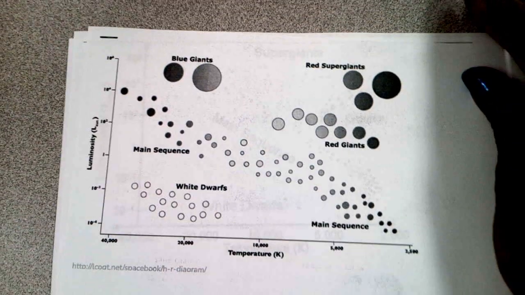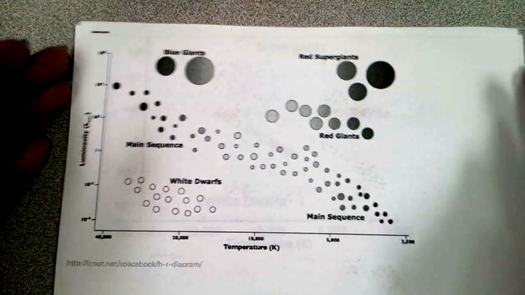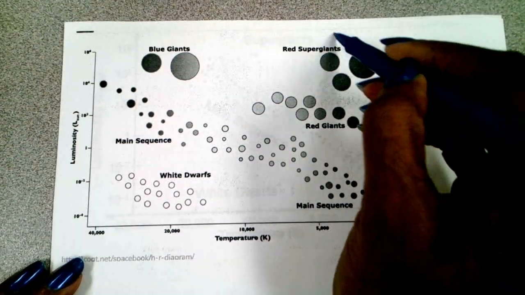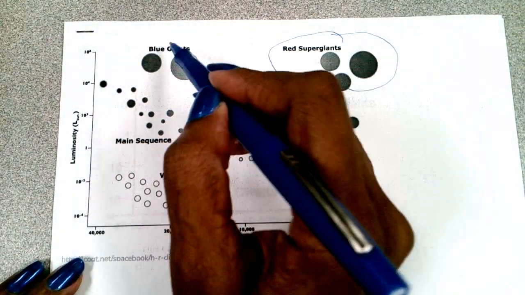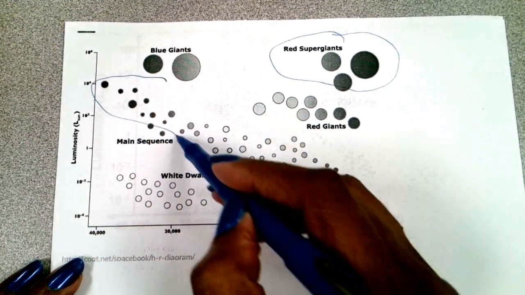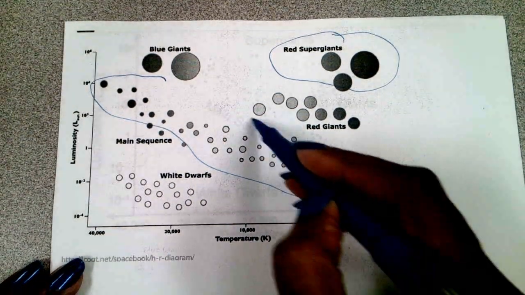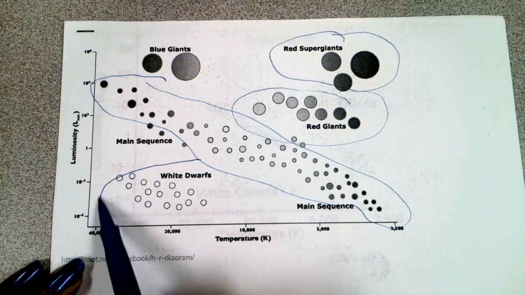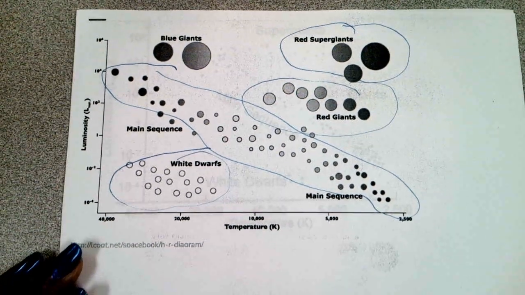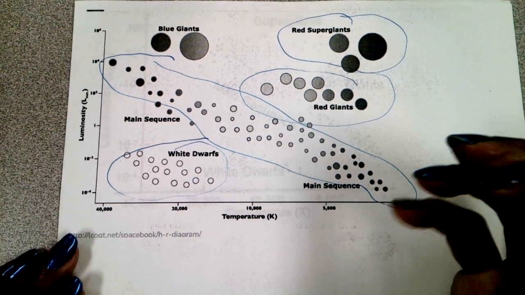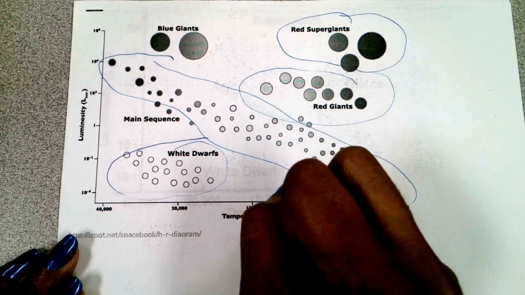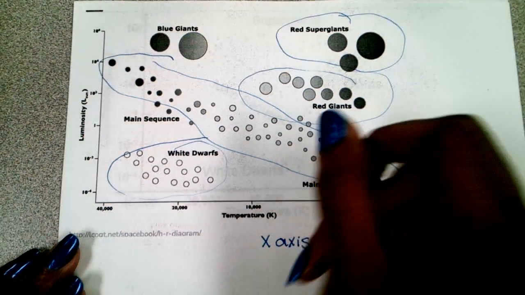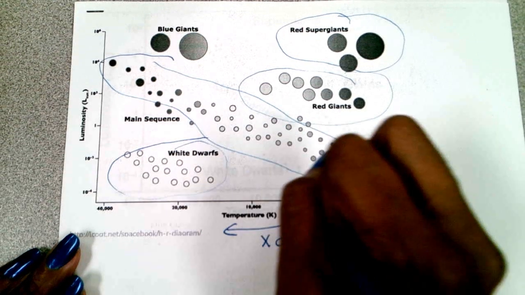Okay, here's another HR diagram. I think you've probably seen this one in class. Okay, so again, your supergiants are at the top. Your main sequence are here. Your giants are here, and your white dwarfs are here. If you notice, the temperature is your x-axis. As you go from right to left, your temperature is increasing.